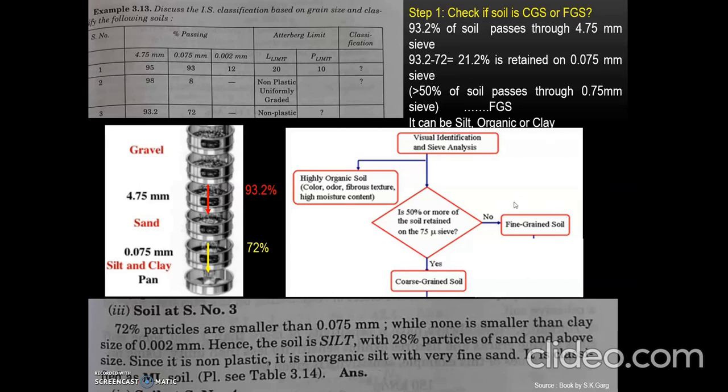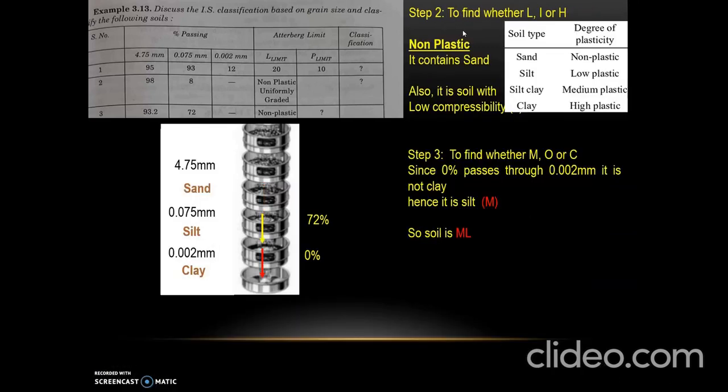And once we know that the soil is fine-grained, we will have to check whether it is silt, organic matter or clay. Before confirming that, we will check out the second letter for the soil. That is whether the soil is with low compressibility, intermediate compressibility or high compressibility.